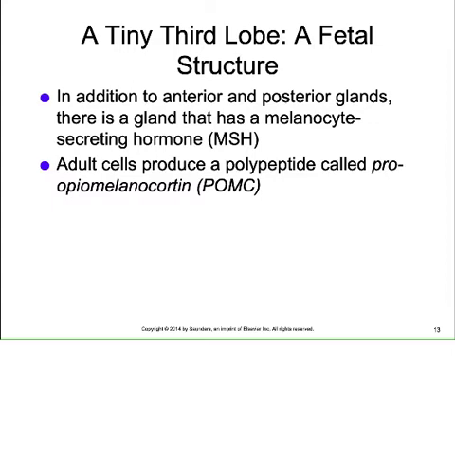Okay, in other animals, it has an effect on sexual maturation. Adult cells generate something called proopiomelanocortin. Okay, and essentially, eventually, what happens to the third lobe is that the cells are incorporated into the anterior pituitary, and the adult pituitary doesn't have this third lobe. So this third lobe just becomes the anterior pituitary.